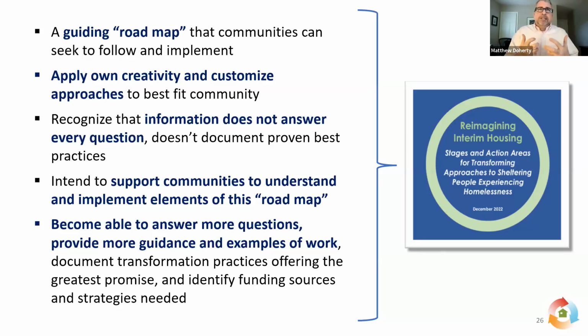We don't want it to be received as us dictating that these specific steps have to happen in this way in every place. And we're not expecting that communities are going to be able to follow each and every element of the guidance within the documents. We're really trying to express a vision that people can hopefully be inspired by and think about how to apply to your own community, your own work.